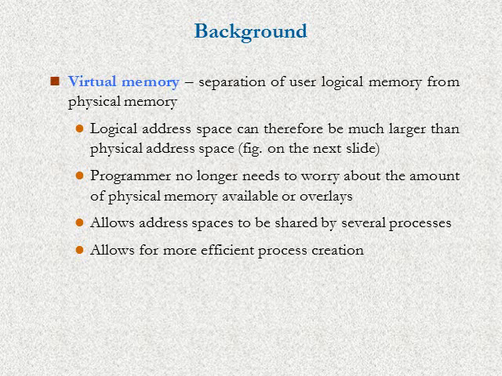And this allows us to separate the views of the logical address space and the physical address space. Now we can have a process of 3 GB on a main memory that is of 1 GB. So we have a process that requires 3 GB to be loaded onto the main memory.